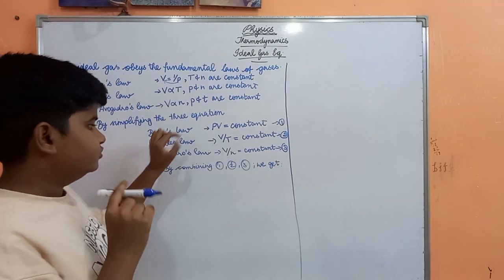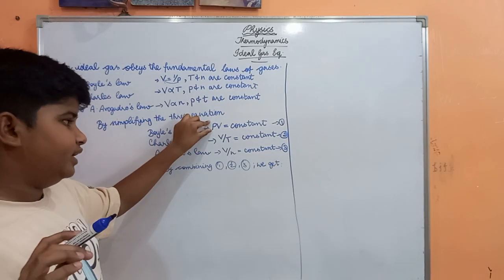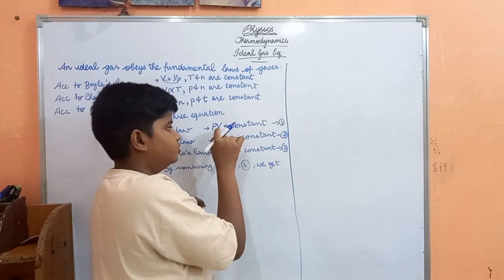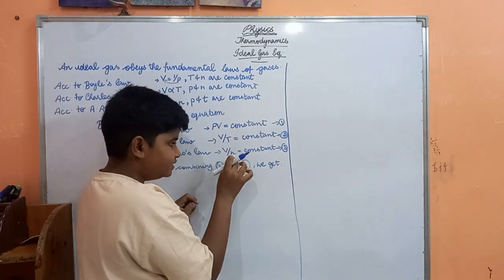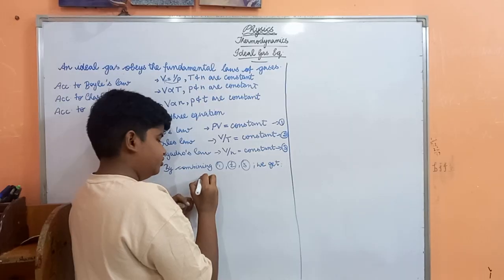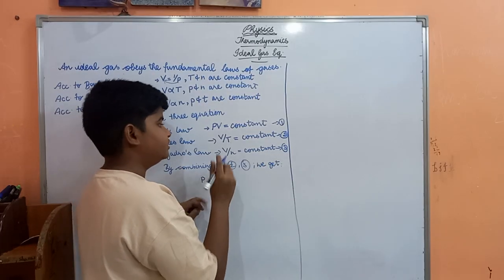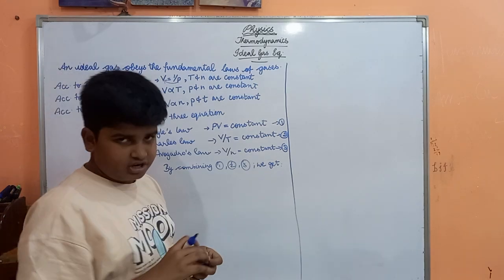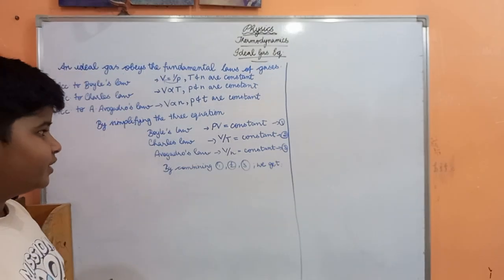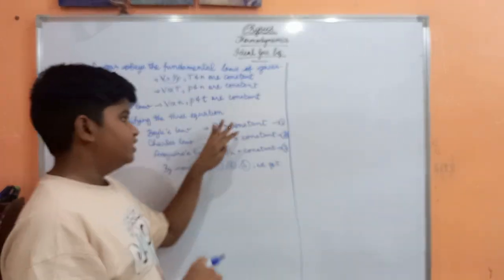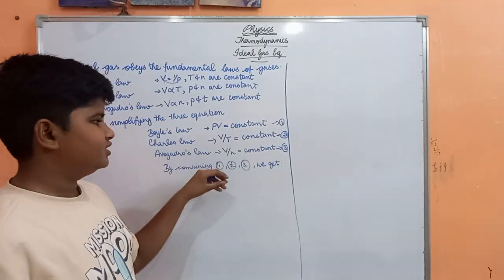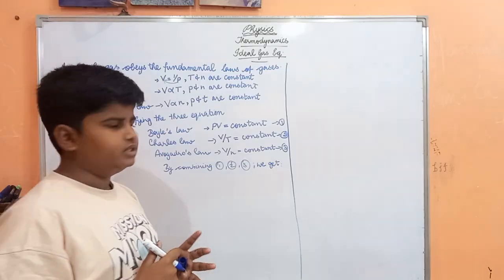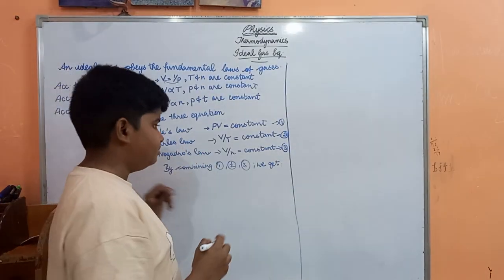You can take the P, since it's the only P over here. Or since according to Boyle's law, we can just take PV is equal to constant. There's also another method, which is what is common in each, but we can just take PV.